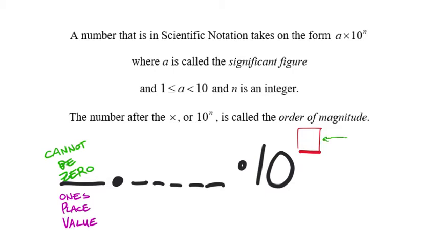Now first off, let's start with positivity on this one. If this exponent was positive, and this is in scientific notation, then you move the decimal to the, and this is crucial, the right.